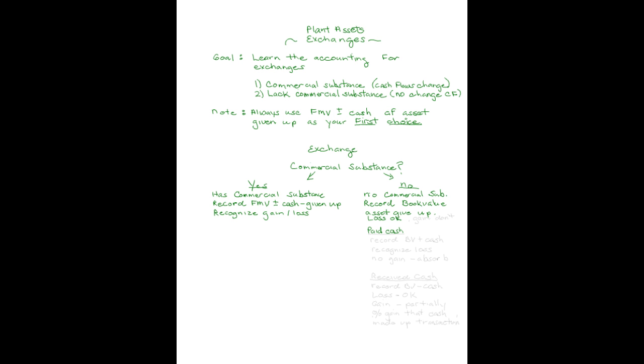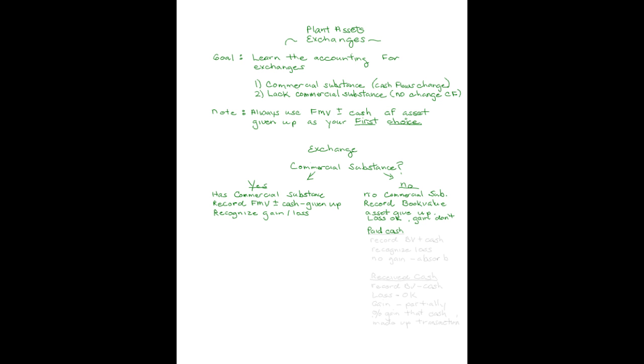In fact, generally accepted accounting principles want you to. If there's a gain, you don't record it. How's that for different? So it's okay to recognize losses, but it's not okay to recognize gains. So there is a little exception for that, and we'll look at that in a second. And that's if you receive cash.